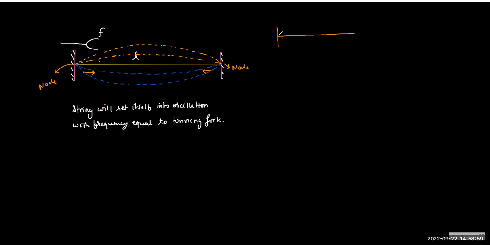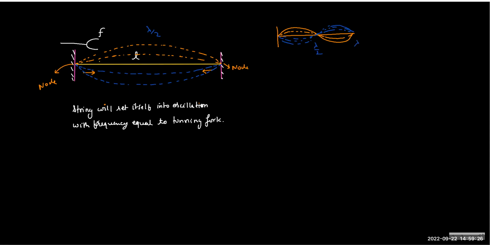If you draw a picture of an oscillation, this is what I'm drawing here. You can clearly see that what I'm drawing is half of the lambda in this case, right? So in terms of wavelength, this is lambda by 2.